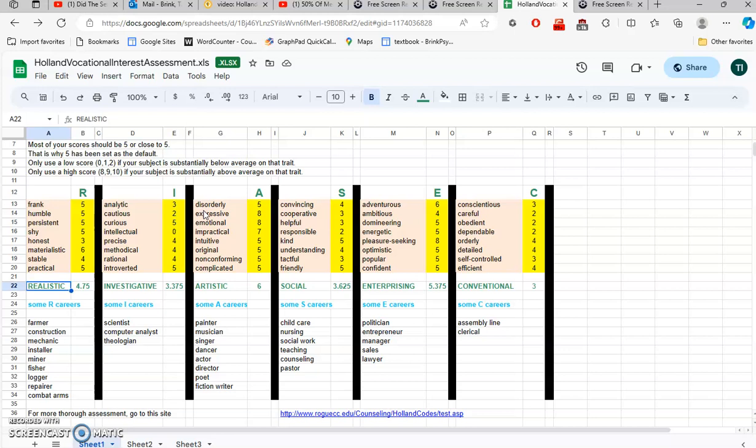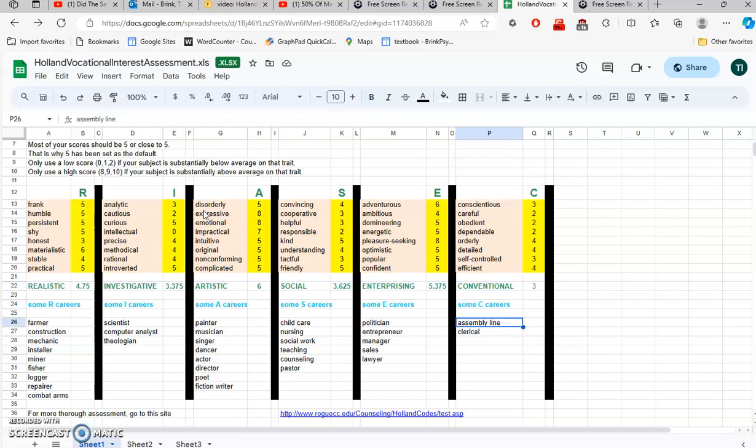So the rule of thumb is that we should try to avoid assigning people to careers where they score really low. So just looking at this, Homer's lowest score is on conventional.